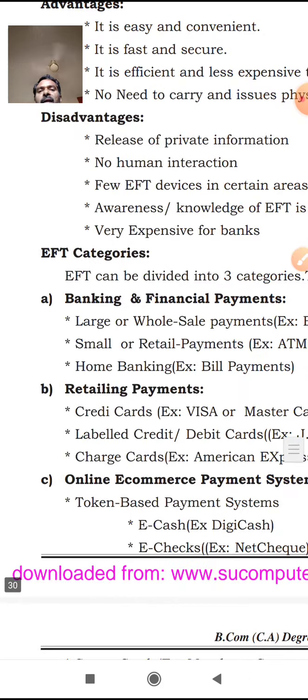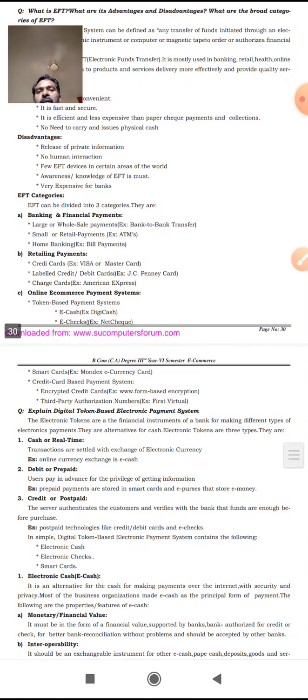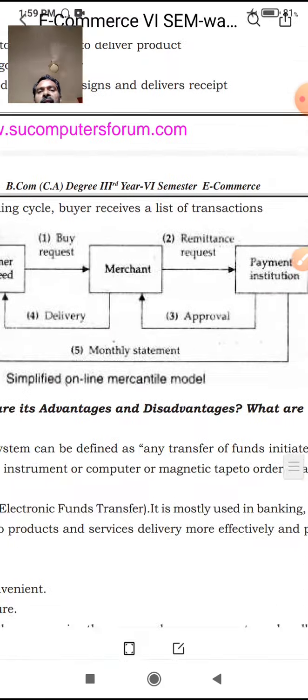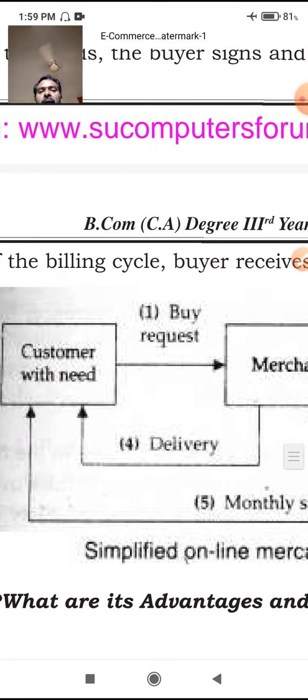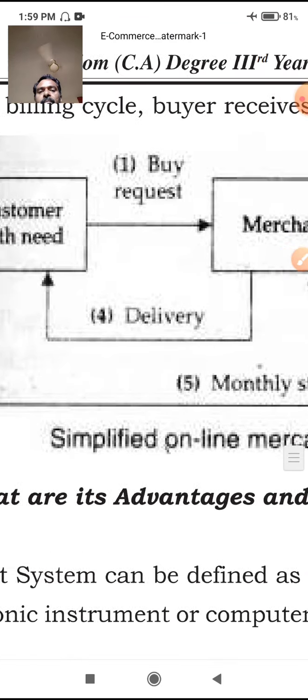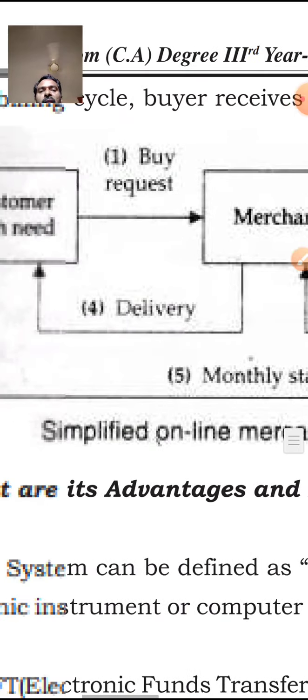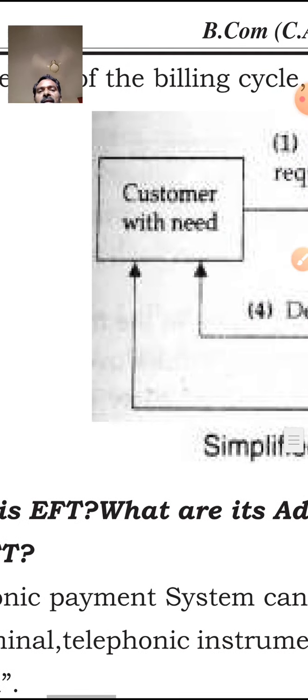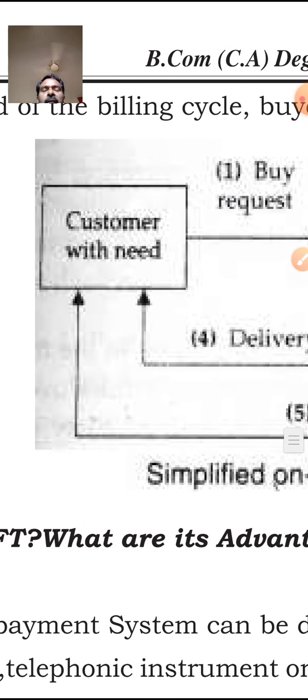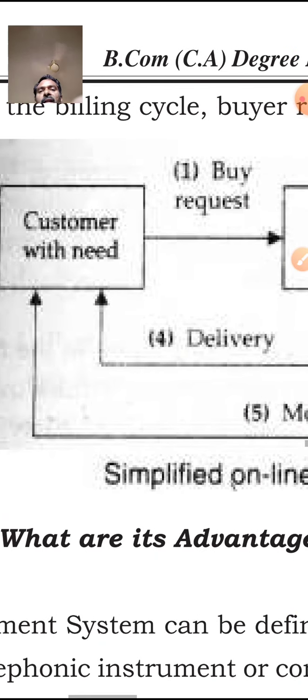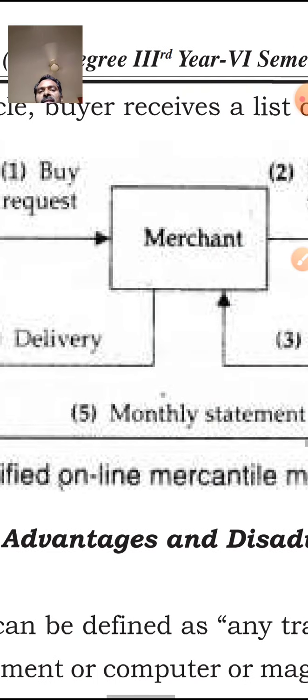From the buyer to the seller and seller to the buyer, I will show in the picture, the simple online mercantile model. This is commonly asked as a short question. First, observe the arrow marks carefully. The customer with a need sends a request to the merchant.